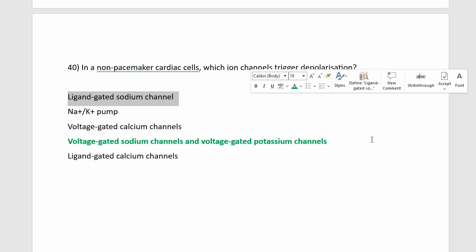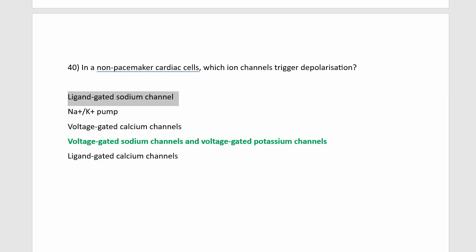They are not opened by the depolarization phase of an action potential, but instead trigger a post-synaptic potential. So when you're referring to the cardiac, and when you're referring to this initial action potential, the depolarization phase, think voltage gated, not ligand gated.